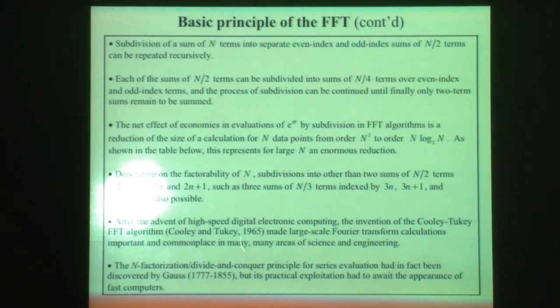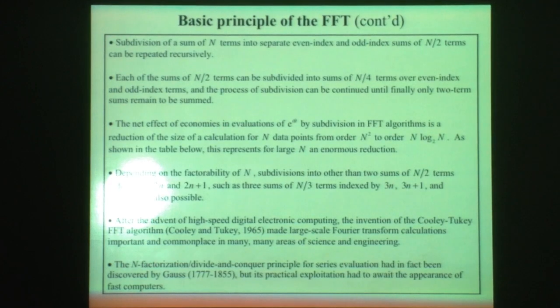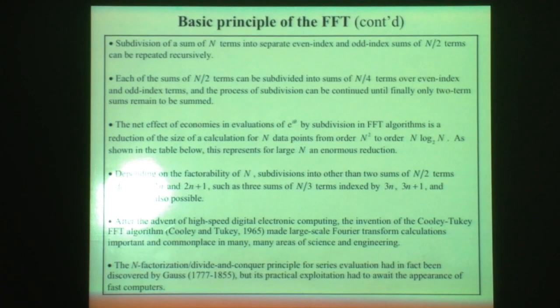So this became a practical and important and valuable technique when Cooley and Tukey applied this approach to using digital electronic computers. Although, in fact, the divide and conquer approach had been discovered by Gauss, right?